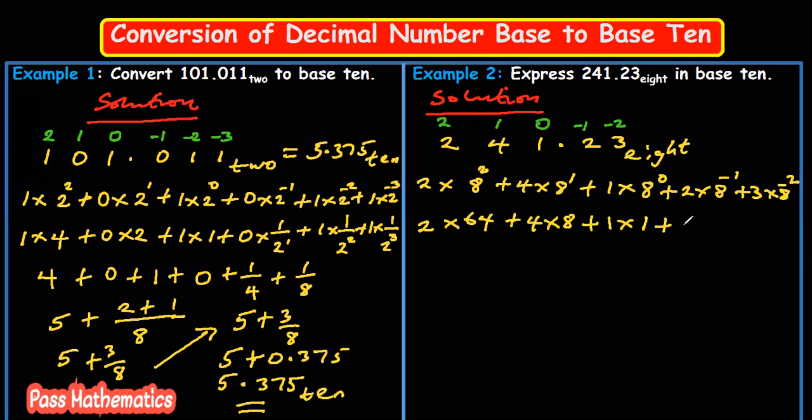Then plus 2 times 1 over 8, remember to handle this negative sign, then plus 3 times 1 over 8 squared.